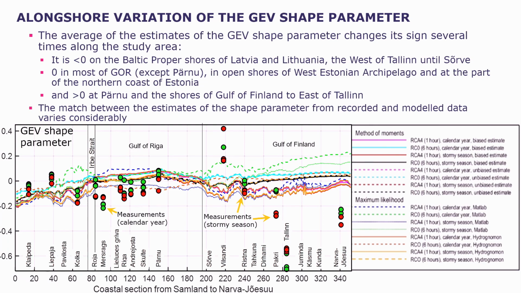And the average of the GEV shape parameter is 0 in most of the areas in the Gulf of Riga, except the Pärnu region, and also in some points of open shores of the West Estonian archipelago and at a part of the northern coast of Estonia. And this parameter is positive in Pärnu and at the end of the Gulf of Finland.